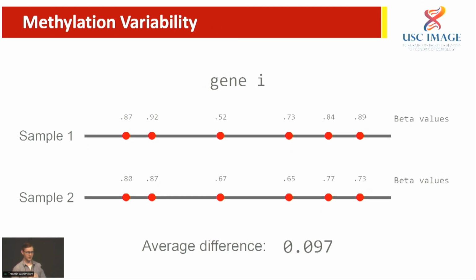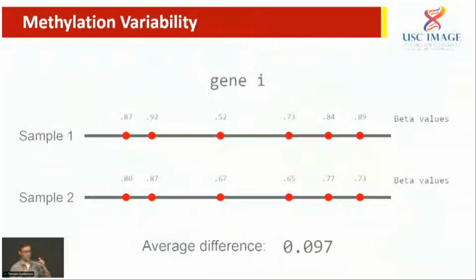So it's really just a difference. If you're familiar with the 850K chips, for most genes, 4 or more CpG sites is where we set the cutoff. For any gene with at least 4 CpG sites in it, we took the beta values for those CpG sites from sample 1 and sample 2.